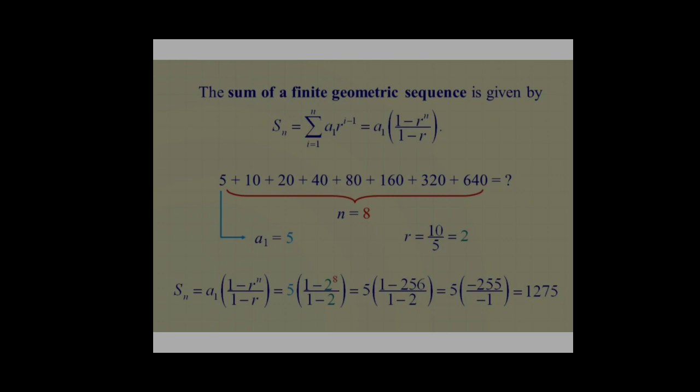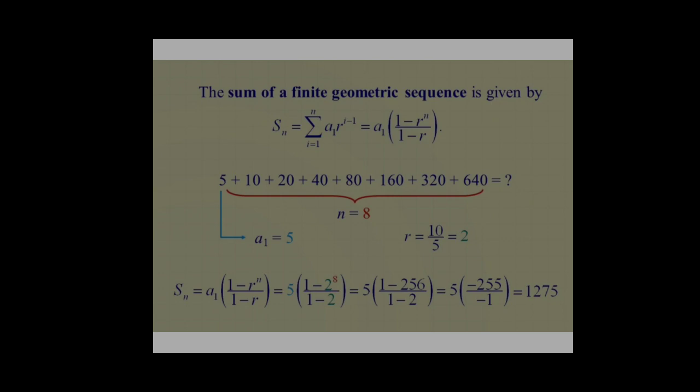So S sub n equals a sub 1 times the quantity 1 minus r to the nth power over 1 minus r. So S sub n is 5, the first term, times the quantity 1 minus 2, which is the common ratio, to the 8th power, where n is the number of terms, over 1 minus 2.